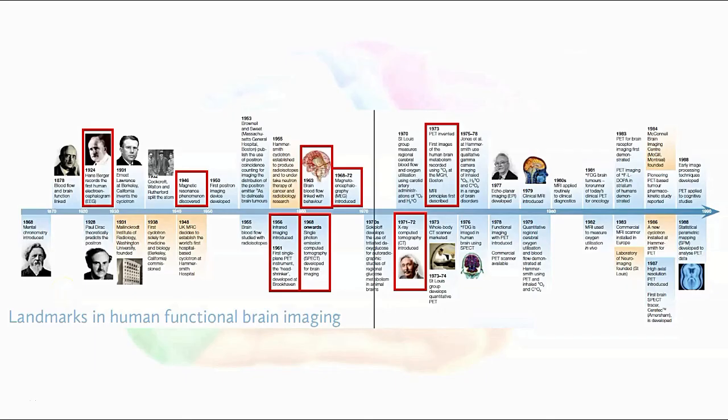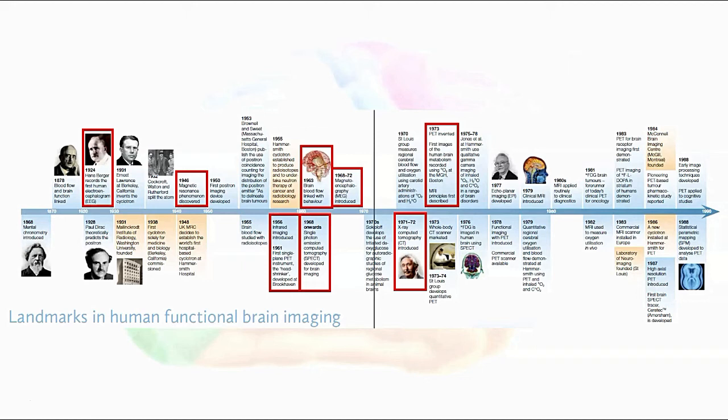Here is a brief historical overview of major events associated with the development of human brain imaging. In 1924, Berger succeeded in recording the first human electroencephalogram, or EEG.